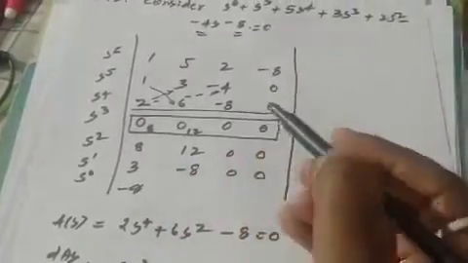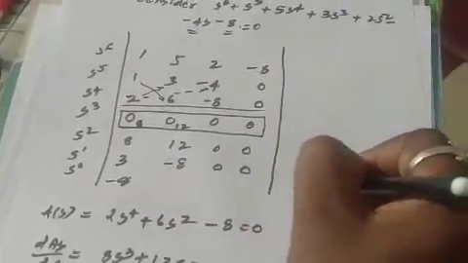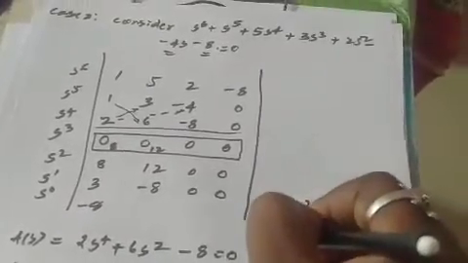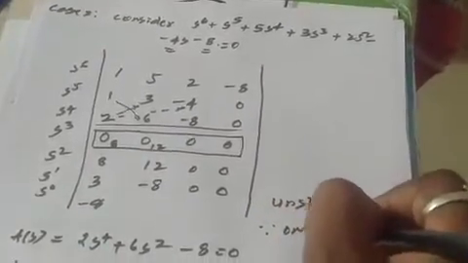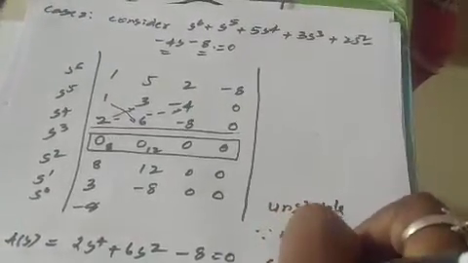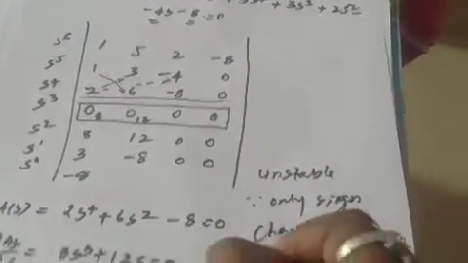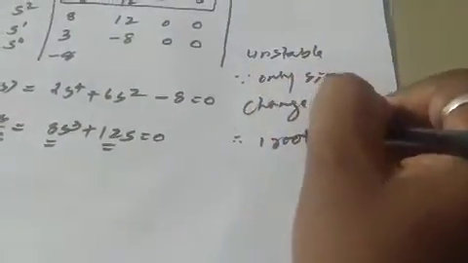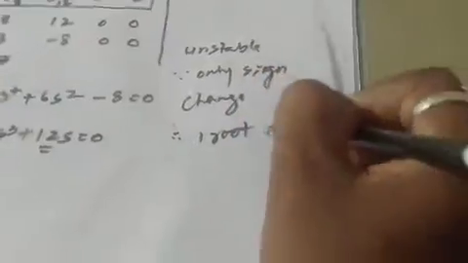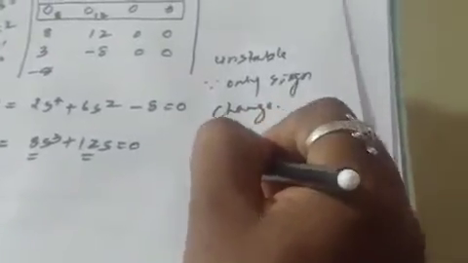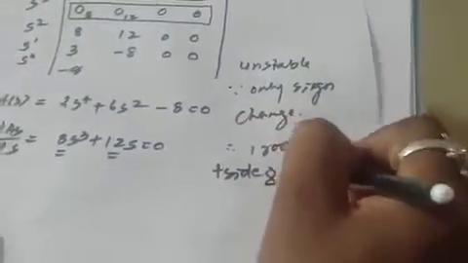So therefore this system is unstable because only one sign change in the first column of the Routh array. So therefore one root is in the right side of the s plane.